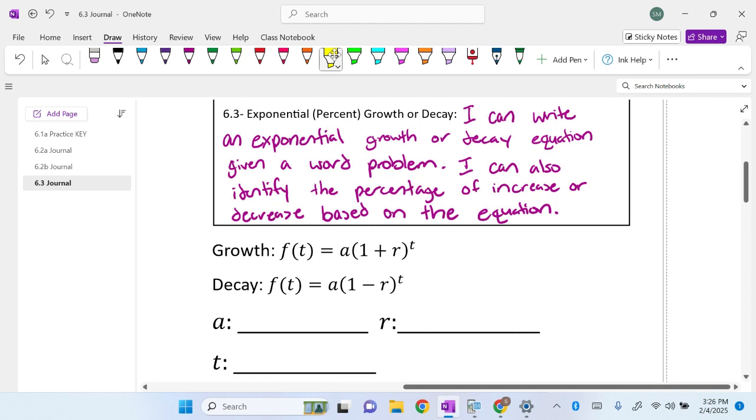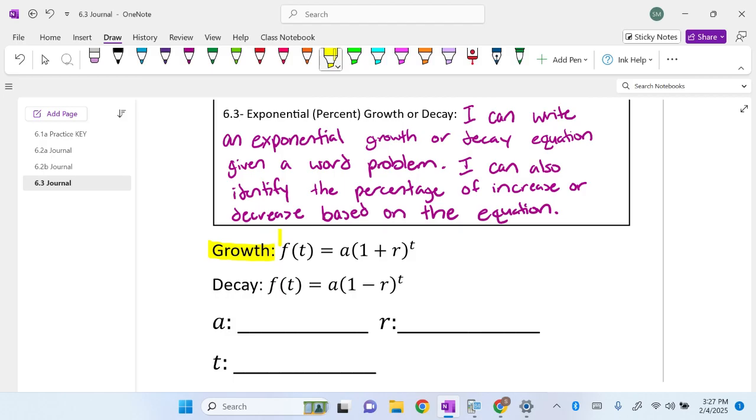So for growth, the typical formula is f of t is equal to a times 1 plus r raised to the t power. Now, the a is similar to the a value in our previous lessons. As you know, the a value typically represents the y-intercept.